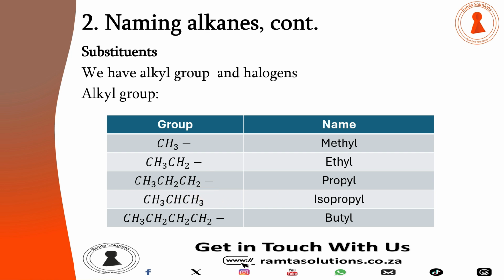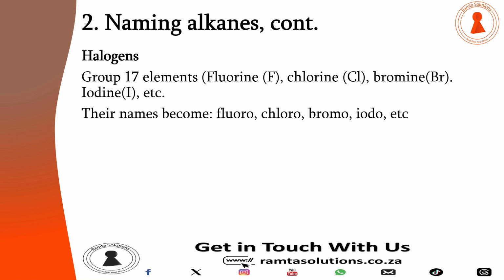All right, perfect. Now with halogens, of course, these are your group 17 elements: fluorine, chlorine, bromine, iodine. What happens when you are in organic chemistry? The ine ending becomes o.